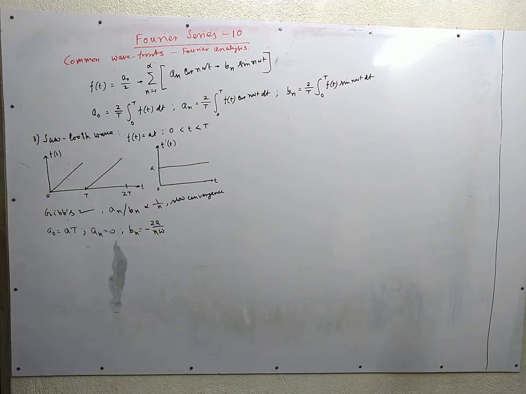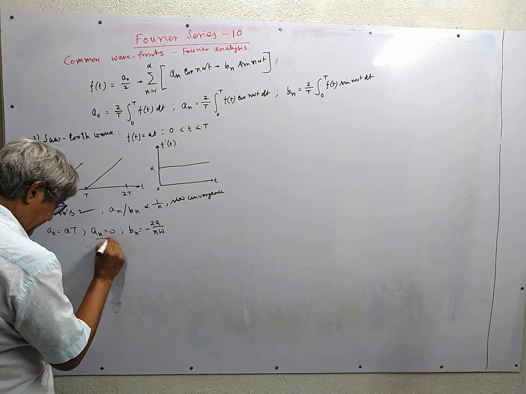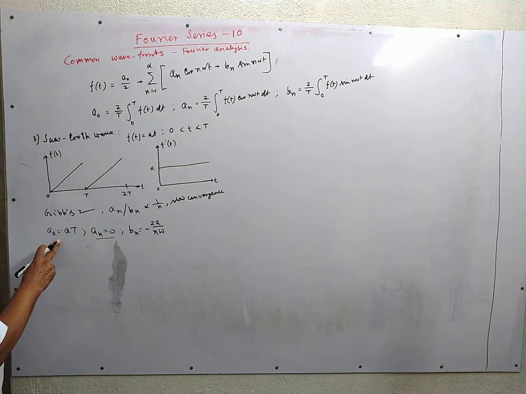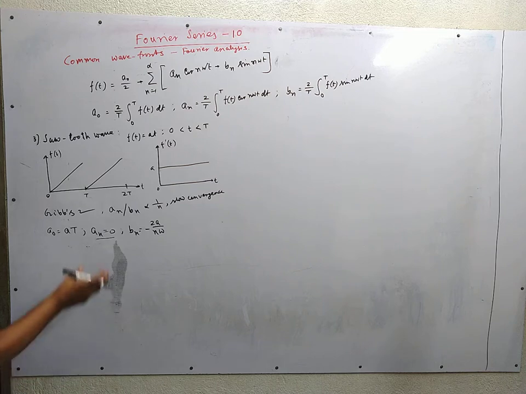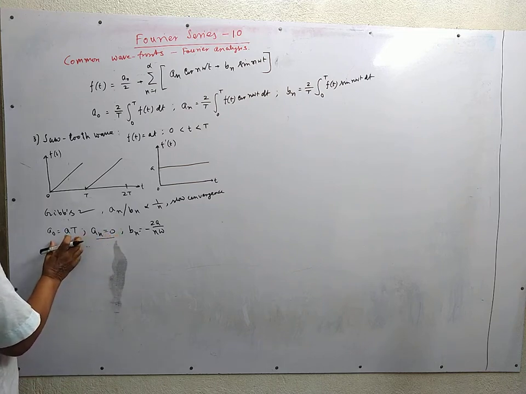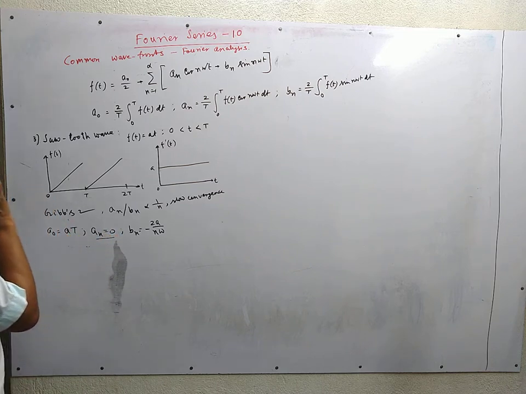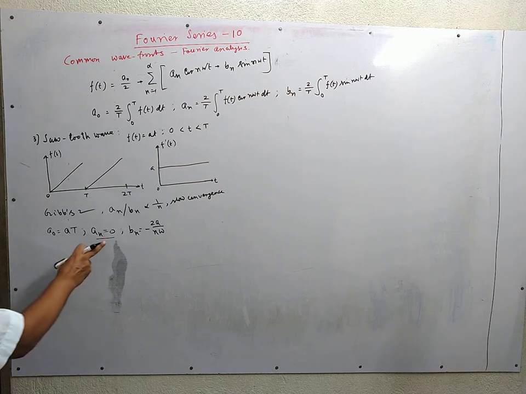Now an is 0, but a0 is not 0, so we cannot say that the function is odd. If an's are 0 together with a0 being 0, then the function may be an odd one. In the case of the square wave, we also found that an is 0, but a0 was there. a0 was a non-zero value.